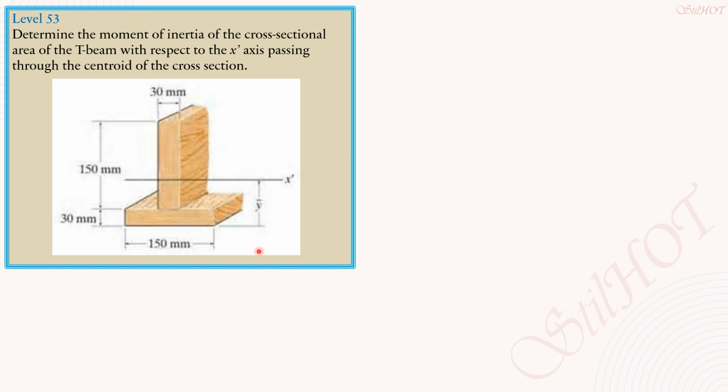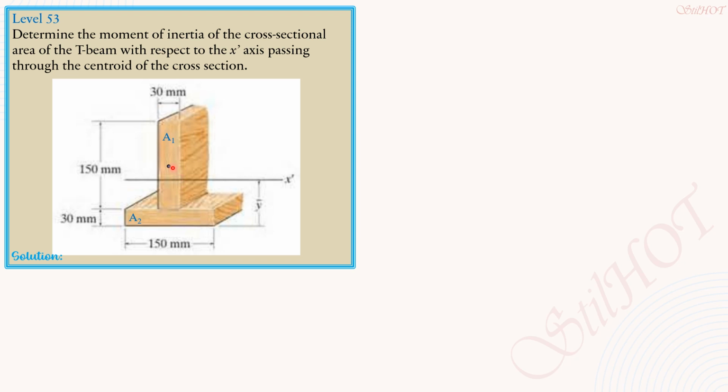So let's divide the area into two parts. So this area here and this lower area here. So the centroid of the upper area, let's call the area as area 1, the lower area as area 2. But they are identical because 30 times 150 is equal to 30 times 150 also.